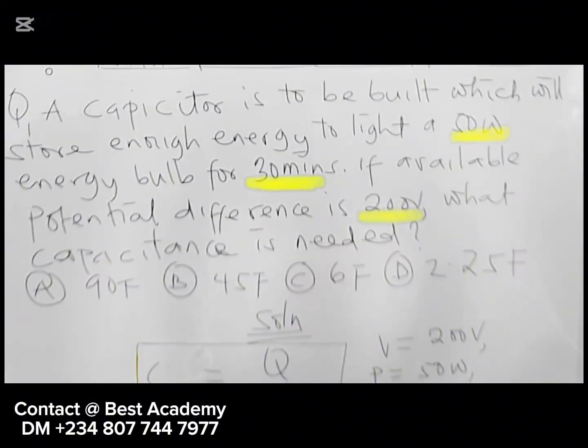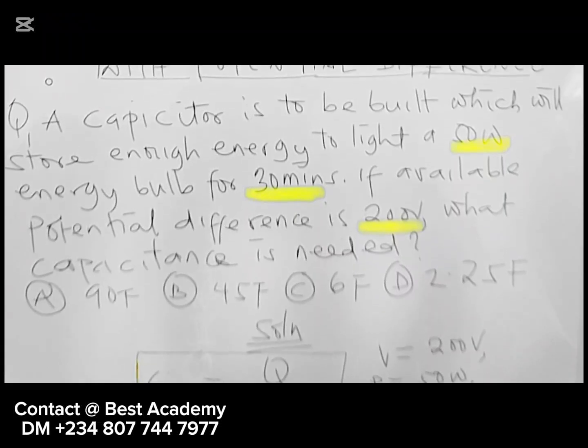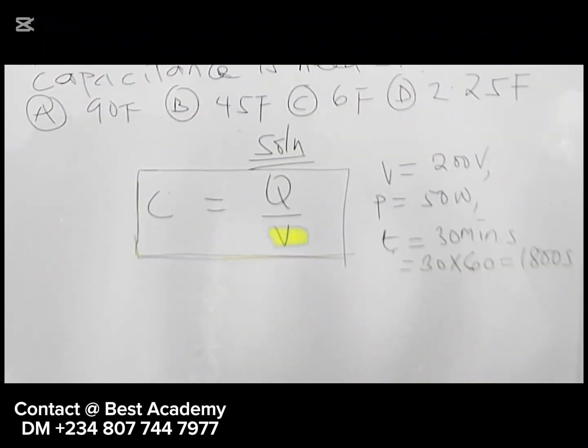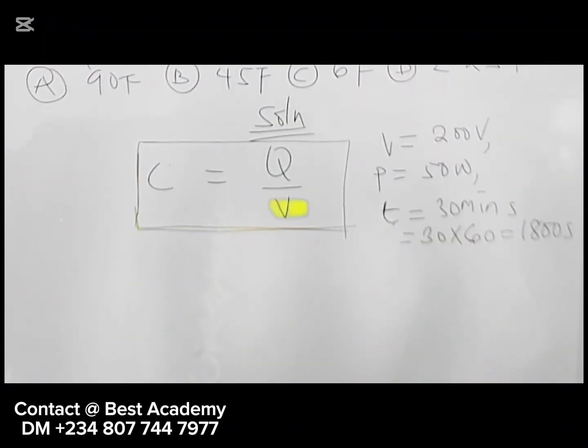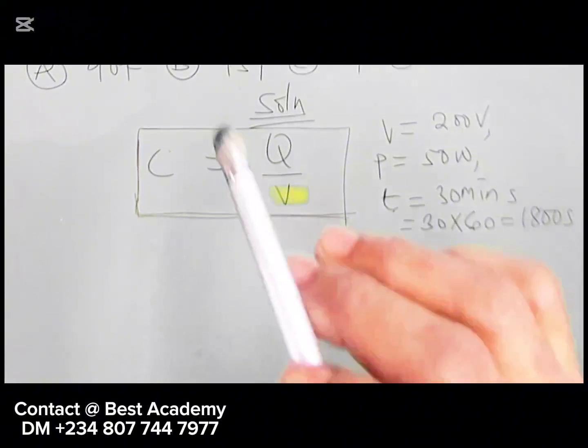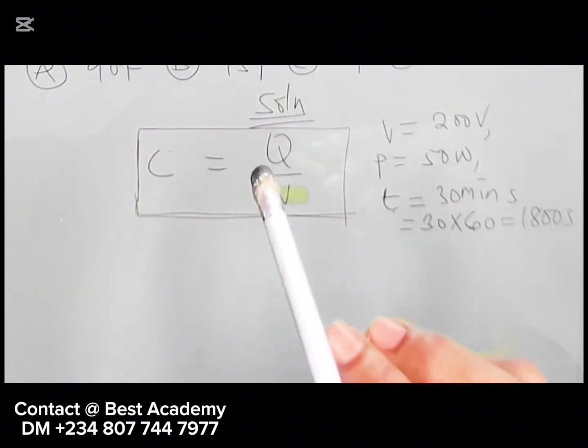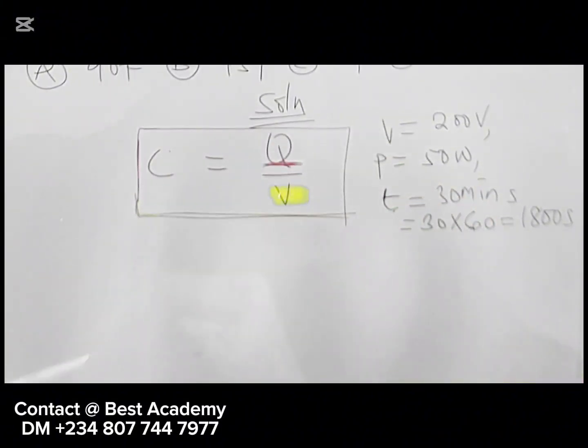The potential difference is given, the power is given, and the time is given. So class, let's try to solve this. Our limitation here is Q. So how do we get Q when time is given to us?